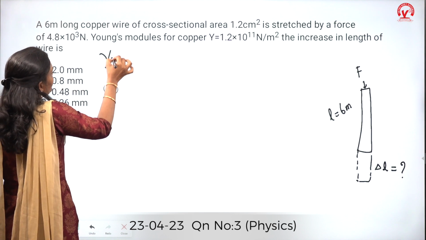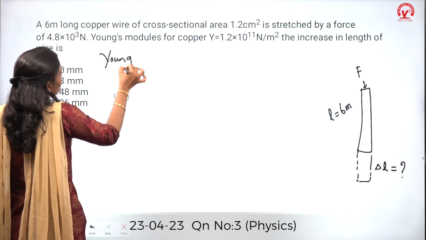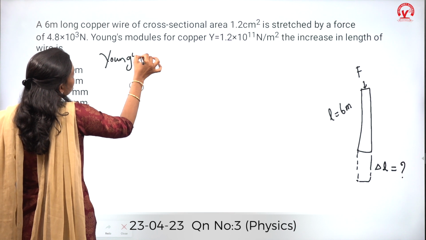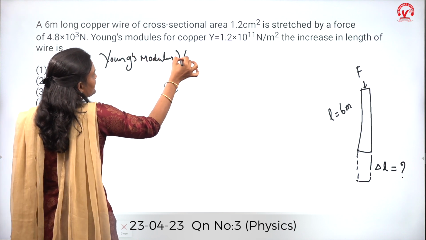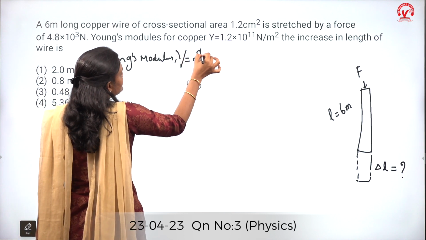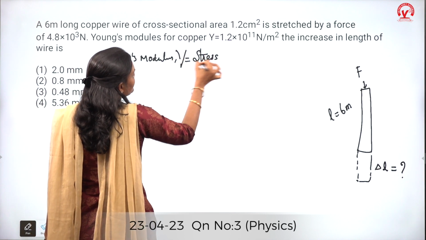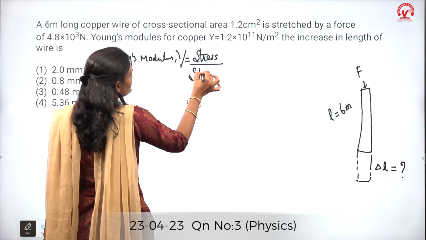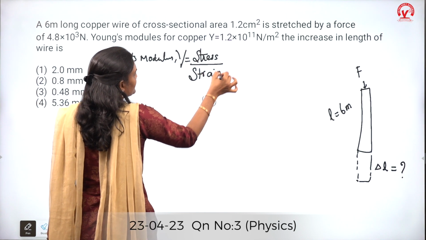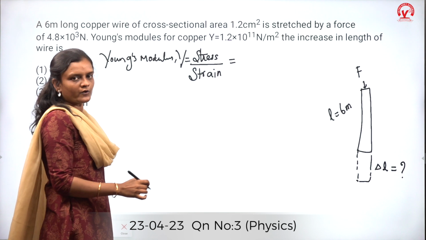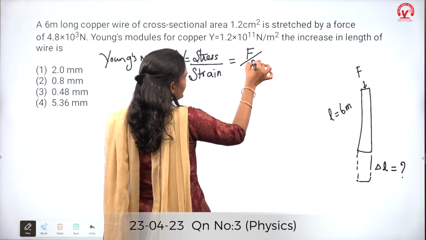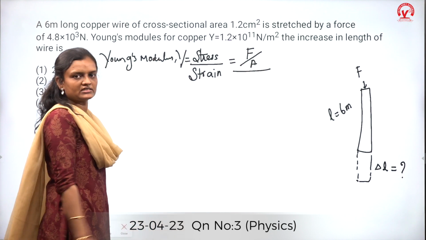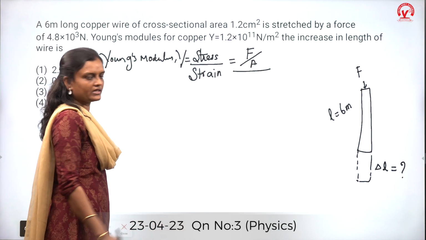According to the Young's modulus, we are taking the symbol for the Young's modulus as Y, which is equal to stress divided by strain. Stress is nothing but force per unit area, and strain is change in length divided by original length.